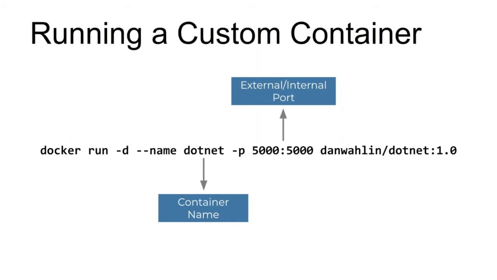Now, how are we going to call this container? You'll notice that we have 5000:5000. You can see up here, the external port that a user would call would be like localhost 5000. The internal port running in the container is also 5000. A lot of times this might be 8080, because the default of an ASP.NET Core image is 80 these days.